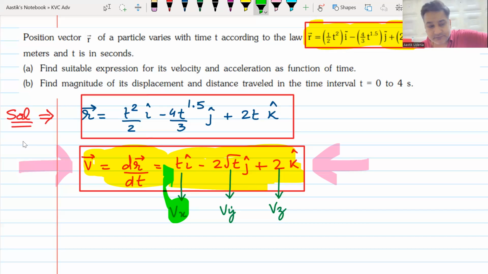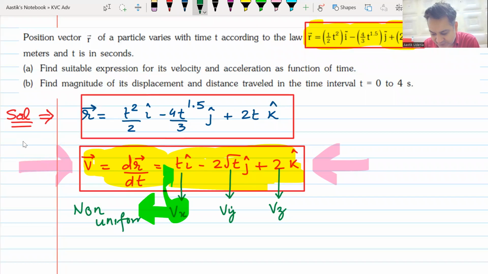It is a function of t. You can see a t there. So this component of velocity is non-uniform. Do we understand this? Please raise your hands.